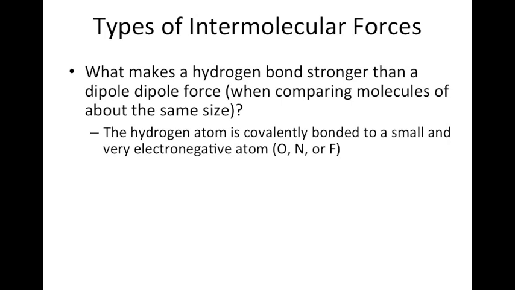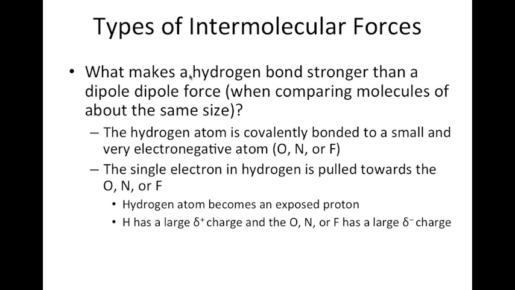And we said that the two factors that go into determining the strength of an intermolecular force are the magnitude of the charges. So having a very electronegative atom is going to give you a very partially negative region. And they're also fairly small. So since they're small atoms, they can get very close to a neighboring molecule. So that makes these fairly strong.